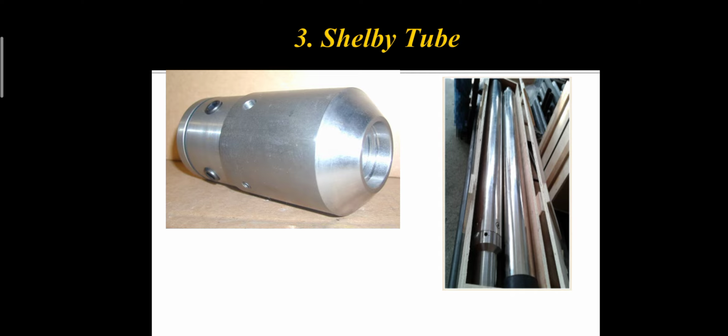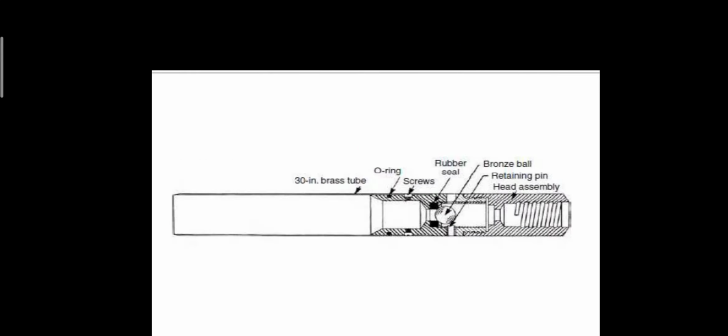Next is the Shelby tube sampler. Shelby tube and thin-walled samplers are almost similar, but there are some differences. What are Shelby tubes? They are thin-walled samplers, and why are they called thin-walled?